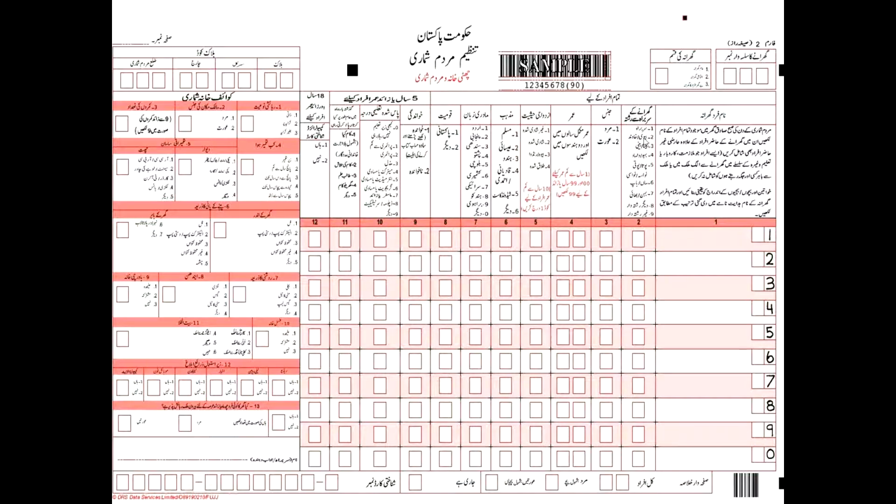Then you can see that there was coding done, that code 1, 2, 3, 4, 5, 6, 7, and 8, 9 was given, and the code was entered for the relationship to the head of the family. Then the gender was part, and as you can see again, the process of coding was done, that if there is male, you will code it for 1, and if there is a female, you will code it for 2. You will not write male or female, you will code it with 1 and 2.